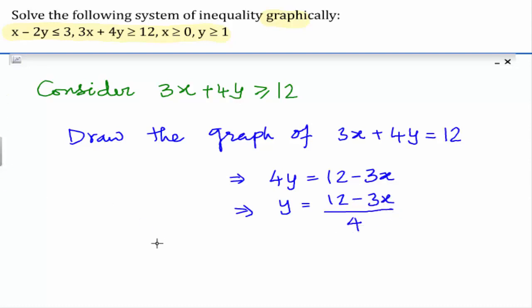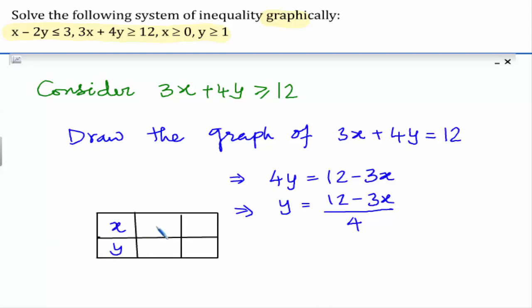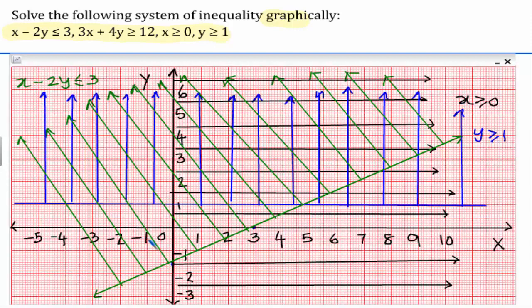Now let us prepare the table for this. If x is equal to 0, then it will be 12 by 4, that is the y value will be 3. If x is equal to 4, then it will be 12 minus 12, which is 0. So the ordered pairs will be 0, 3 and 4, 0.